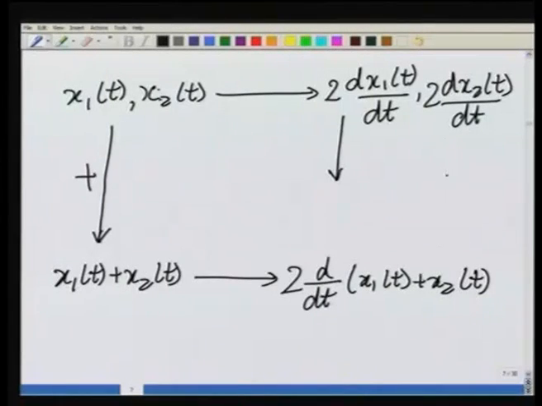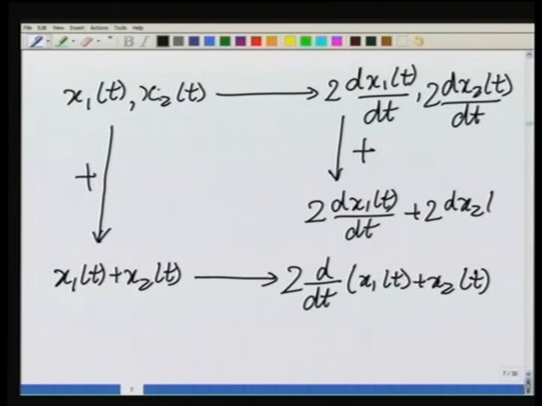Now, let us see what we get by this path, where we have already applied the system to get the two respective outputs, y1(t) equal to 2 dx1(t)/dt and y2(t) equal to 2 dx2(t)/dt. We just add the two. Now, when we add the two, we would just get 2 dx1(t)/dt plus 2 dx2(t)/dt.